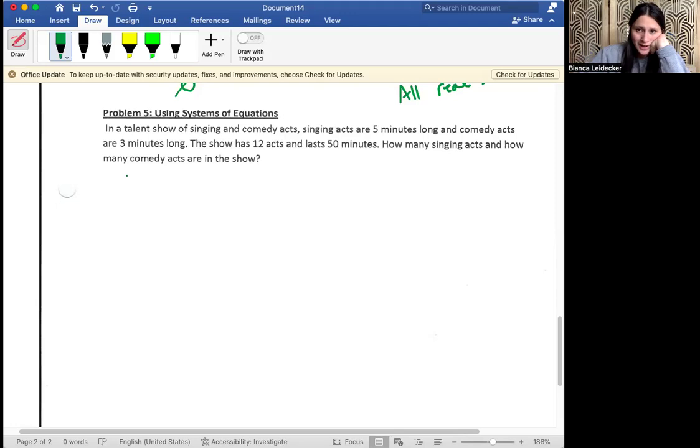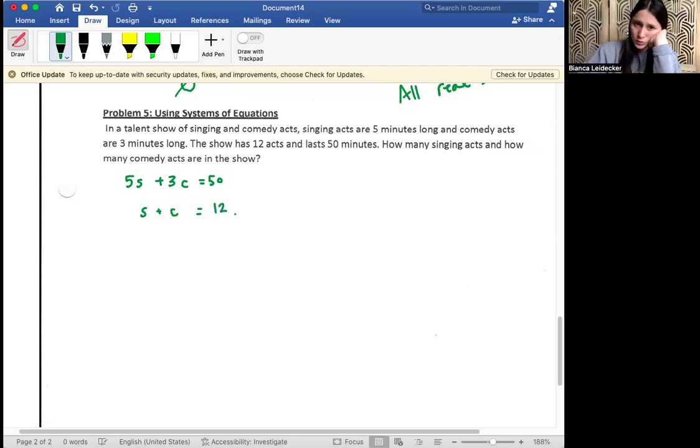So in other words, we have 5 minutes for singing and 3 minutes for comedy. And the whole show lasts 50 minutes. And I know that with my singing and with my comedy shows combined, there are 12 total acts.